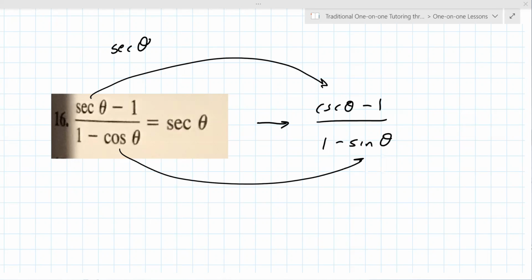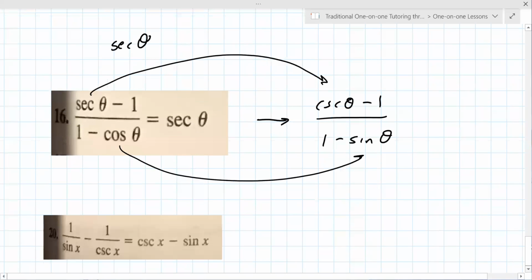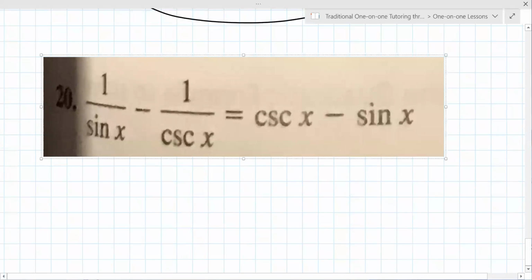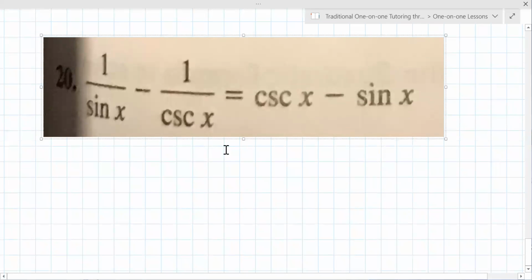Number 20. All right. Which side do you think we should work on? I don't know.